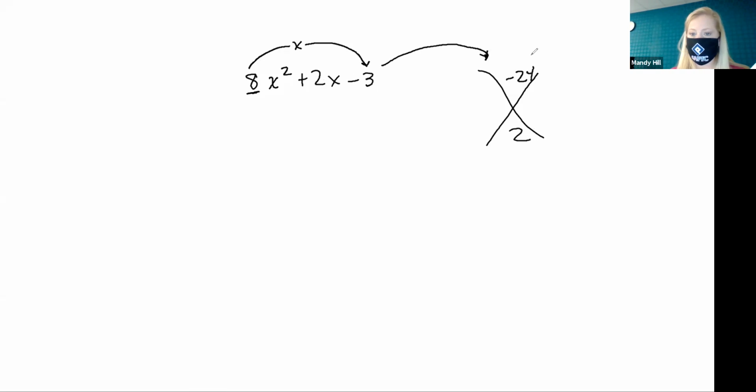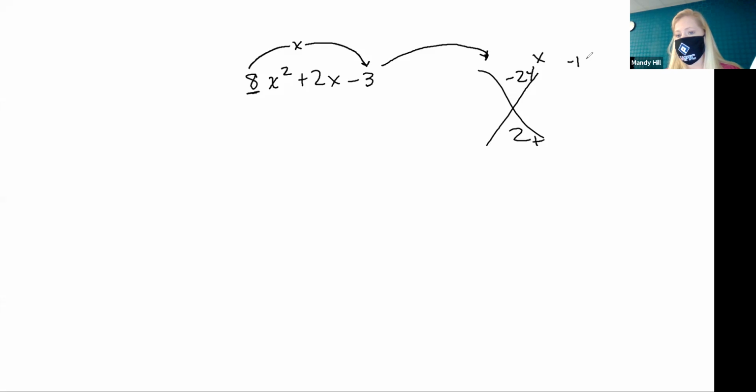So we need something that multiplies to give us negative 24 and adds to give us 2. We could list these all out if we want to. I know if it's going to multiply to be negative and add to be positive, one of them is going to have to be negative and the other is going to have to be positive, right? There's a lot of things that would multiply to be negative 24.